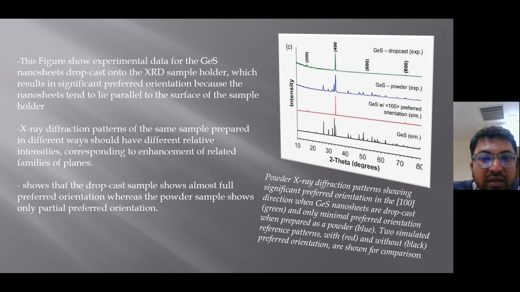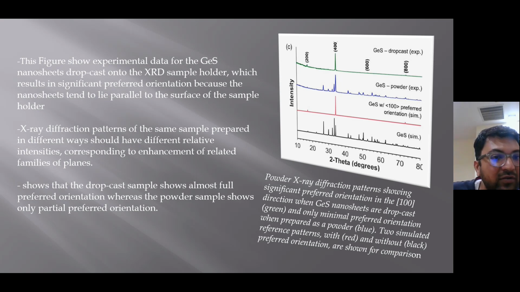This figure shows the comparison in which we take this sample in different orientations. So this graph shows that orientation plays a role in getting the pattern of the material.